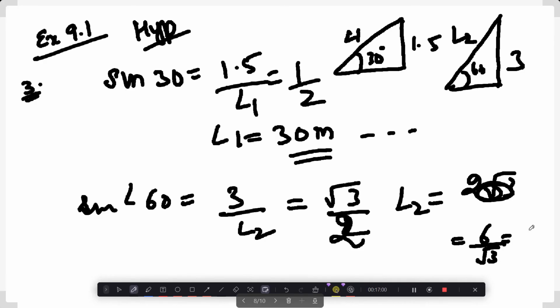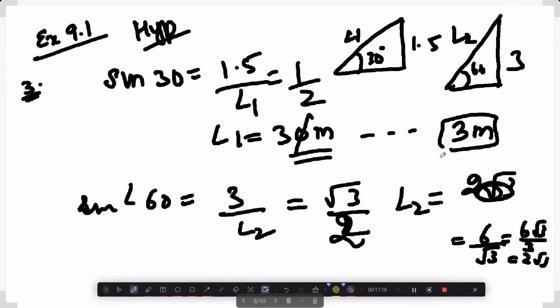So root 3 to root 3 will go up. 6 root 3 by 3, which is 2 root 3. Right? That is the answer. 3 meter and 2 root 3. Why have I written 30 meter? 3 meter. 3 meter and 2 root 3. That is the answer.